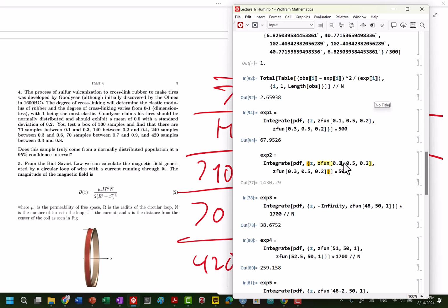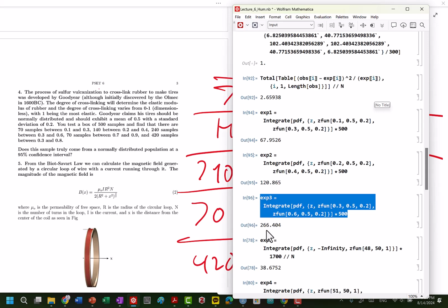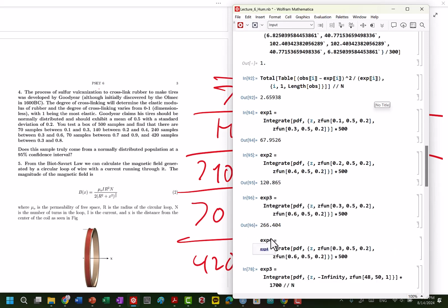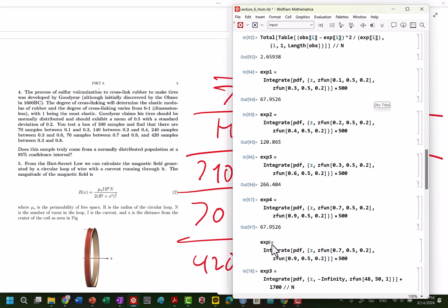So all we have to do now is change this. Good. Expected 3 will be very similar, between 0.3 and 0.6. And again, you can do this by looking at the charts as well, whichever way you can do it efficiently. Then 0.7, 0.9. And then finally, 0.3, 0.8. Got it.